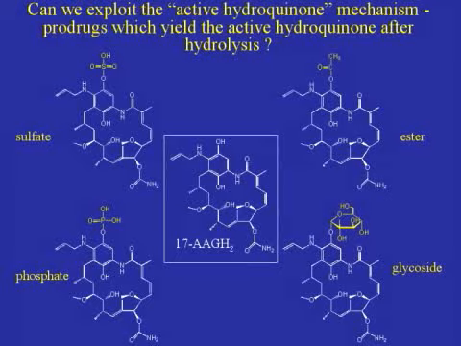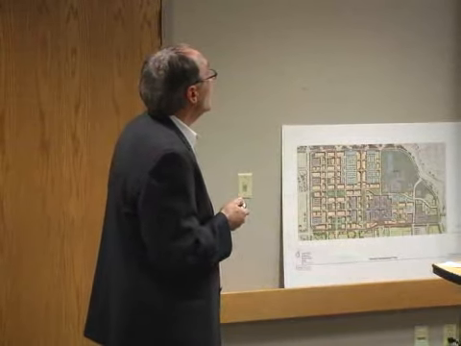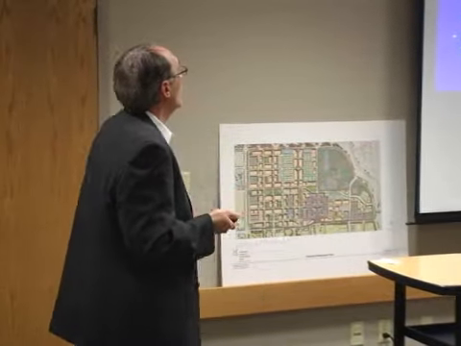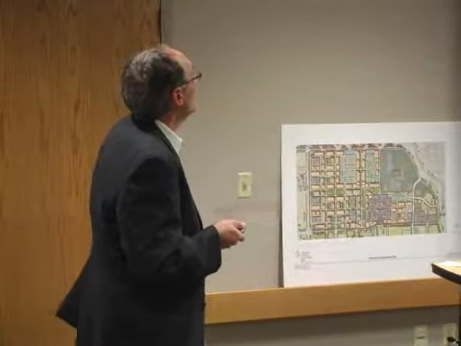So can we use this as a targeting mechanism to get at certain breast cancers? This is just the straightforward mechanism where we have our derivatives coming into a tumor cell, then hydrolyzed by the appropriate enzyme to generate the hydroquinone, which is giving you HSP90 inhibition and hopefully a growth inhibitory effect.